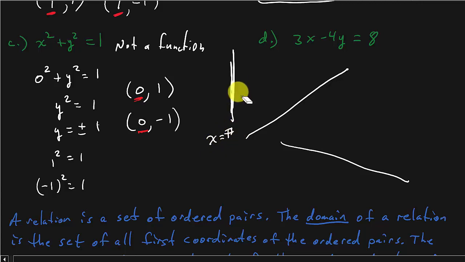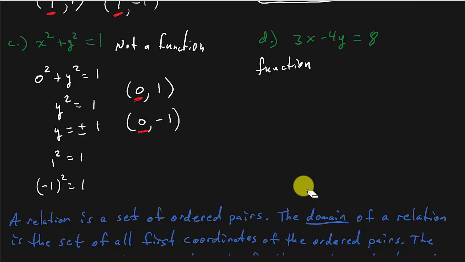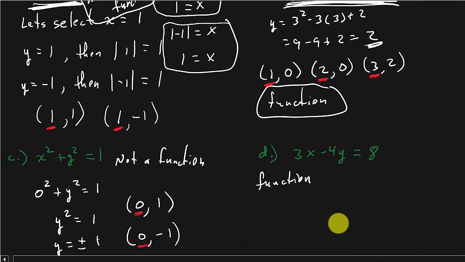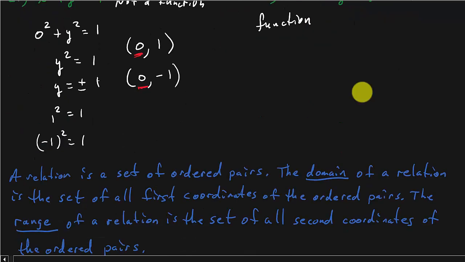So we just draw a line anywhere like that, and it passes the vertical line test, so we know that this one is a function. All right. So like I said, you're just going to have to go through and practice these. These are quite a bit more difficult than the first two examples that we looked at.